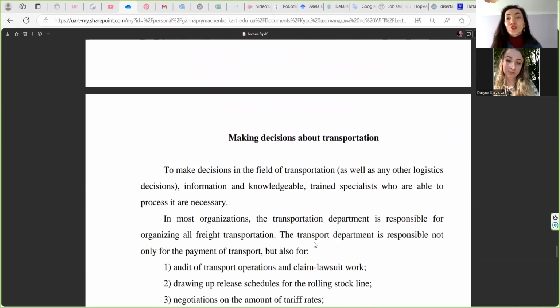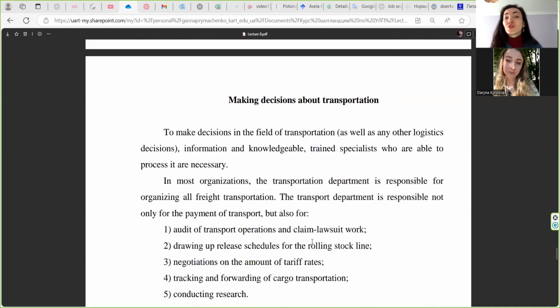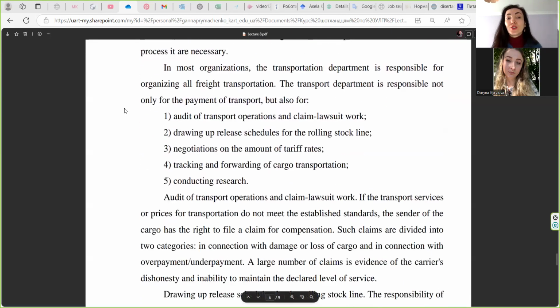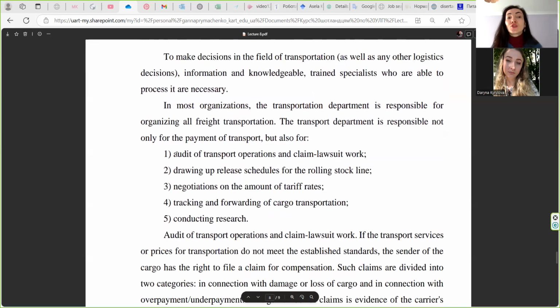So our next short topic is about making decisions about transportation. We need to discuss that there are five steps for each. The transport department is responsible not only for the payment of transport, but also for audit of transport operations.